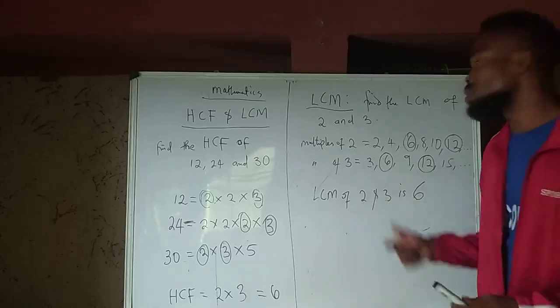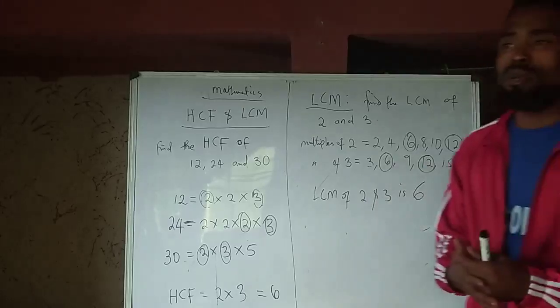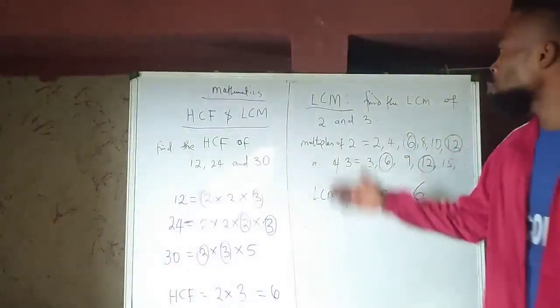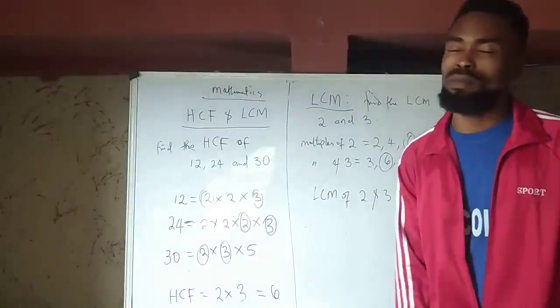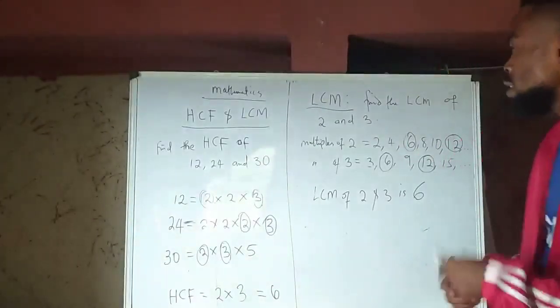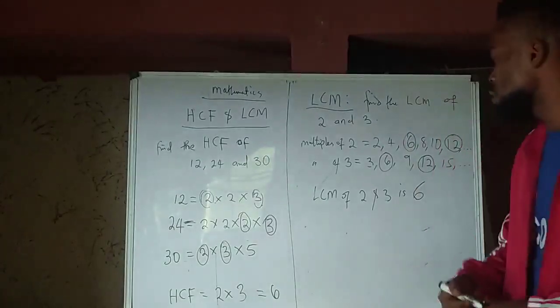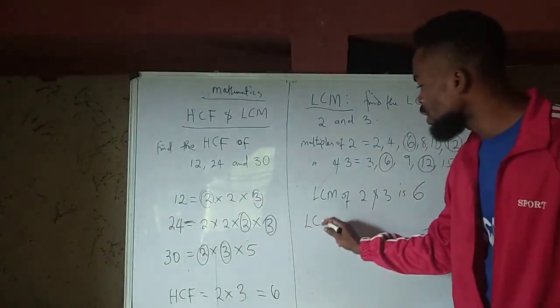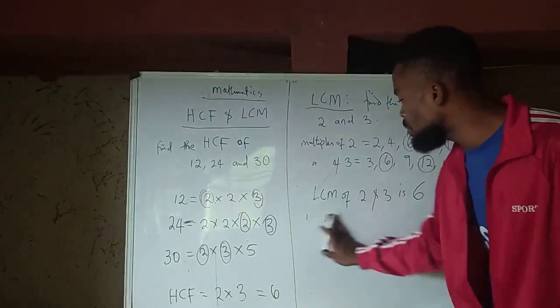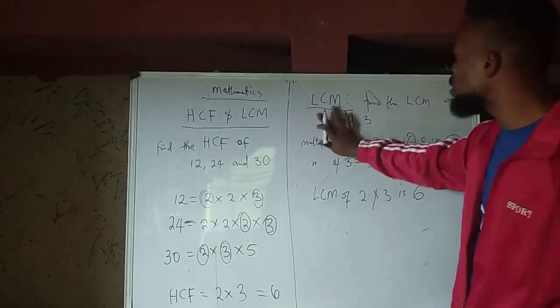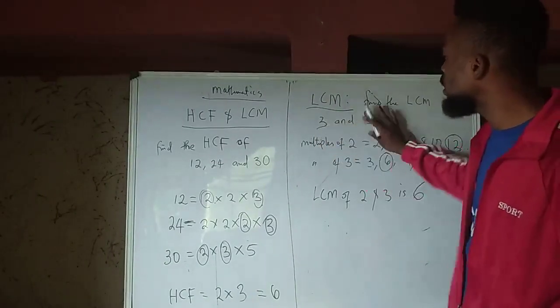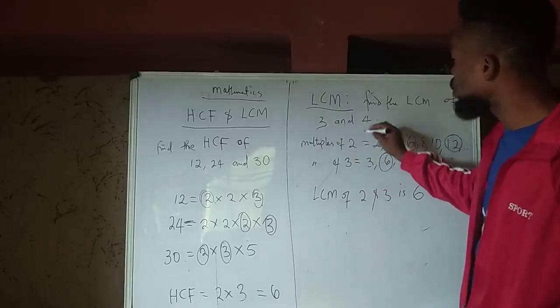That is just the basic thing about common multiples. Let's take this a little bit further and look at the lowest common multiple of 3 and 4.